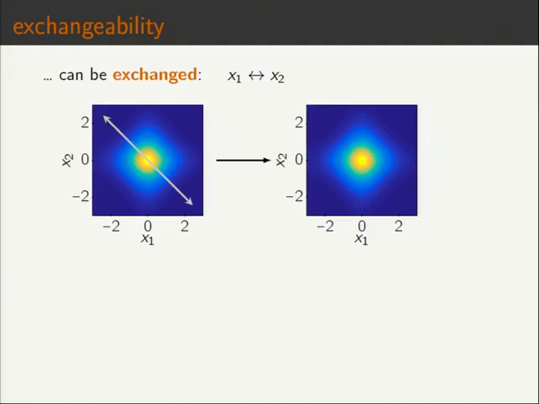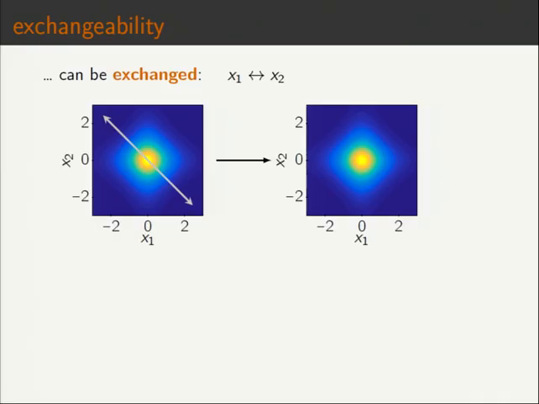You make a mirror symmetry, a mirror swap around the 45-degree angle, and the joint distribution remains unchanged. This is exactly what exchangeability means. If you exchange things, the joint distribution will be invariant. It will have the same values.